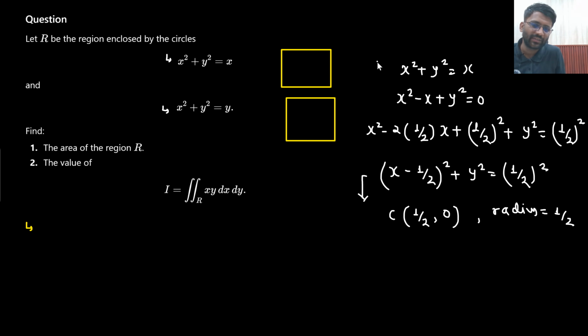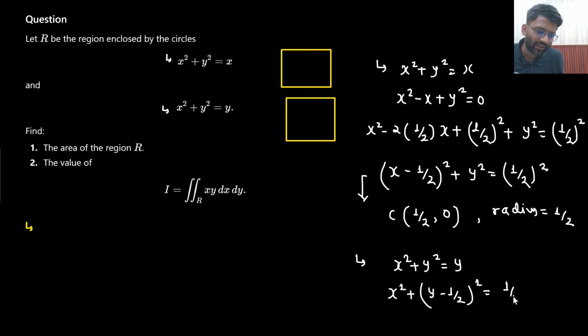Similarly, the next equation. This was the first equation, then the next equation is x square plus y square equals y. So this will come out to be x square plus y minus 1 by 2 whole square equals 1 by 2 whole square. So this will also be a circle with radius 1 by 2.